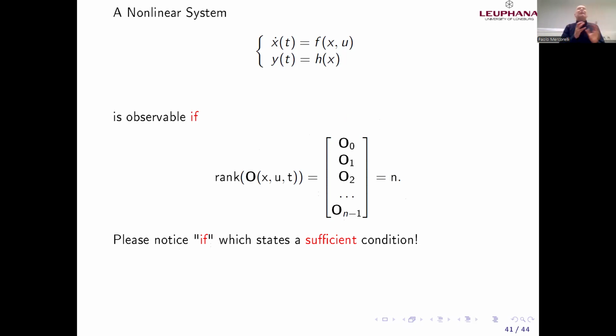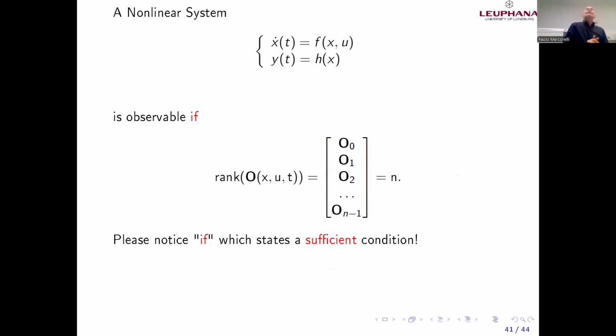It could be that we have some condition to obtain rank equal n. I will show you a little bit more in depth what I intend. But it's just sufficient. This means it says when it is observable, but the theorem does not say when it is not. Remember the difference between sufficient and necessary condition. The necessary condition says when it's not, and the sufficient says just when it is observable.